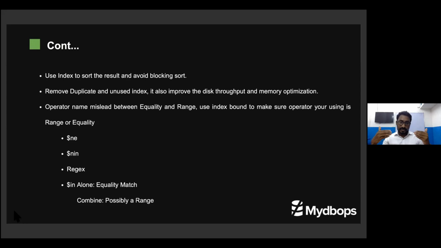If you have a regular audit, you can see that an index is not used properly, so we can refactor that index, or you can see some unused indexes in MongoDB, so you can drop the index. In simple layman terms, you can remove duplicate and unused indexes from the database. It helps to improve disk throughput and memory optimization.